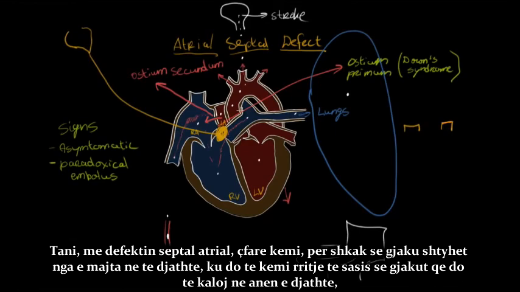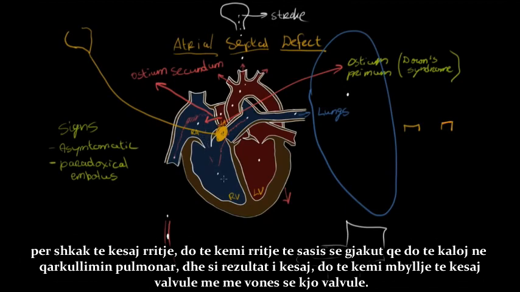Now, with an atrial septal defect, because blood is going to be shunting from the left to the right, we're going to get an increase in the amount of blood that's going to the right side. And because we get that increase, we're going to get an increase in the blood that's going to the pulmonary circulation. And as a result of that, we're going to get this valve closing just a little later than this valve.